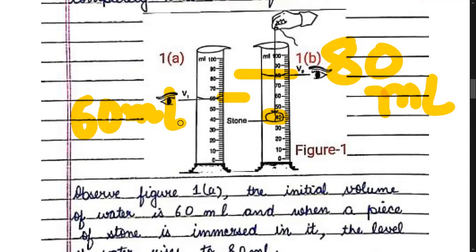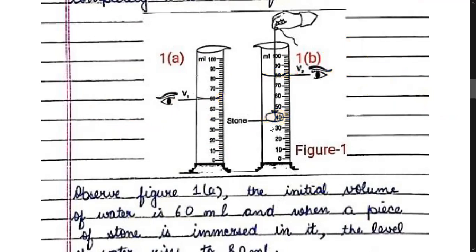So from this it can be concluded that the mass of this stone is having a certain volume, and that volume of stone is how much? Volume of stone is equal to volume of liquid displaced by the stone.